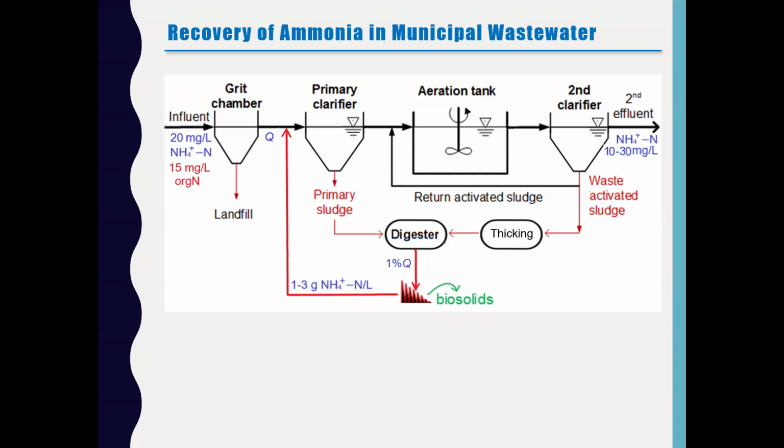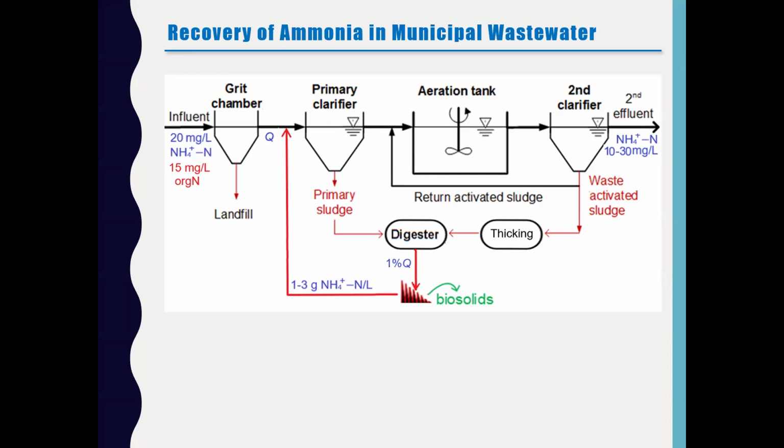For wastewater treatment plants, there are two options to remove ammonia: either in the mainstream using nitrification and denitrification, or recover ammonia from the side stream.